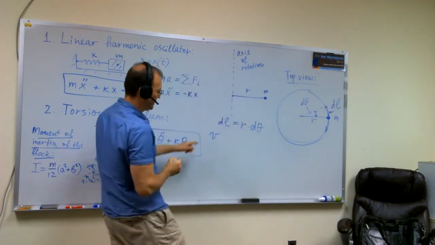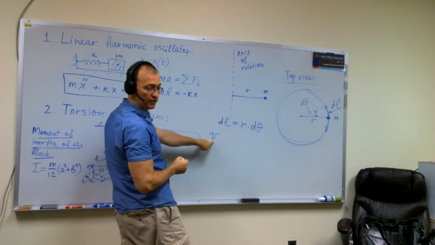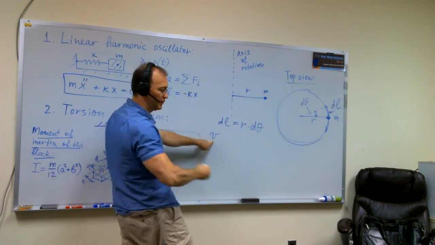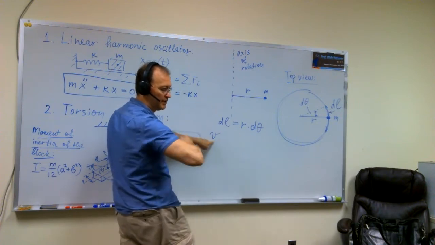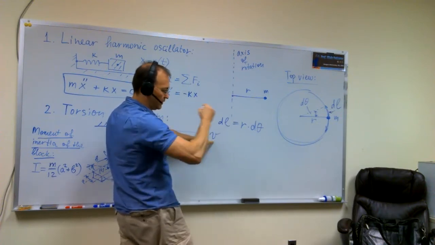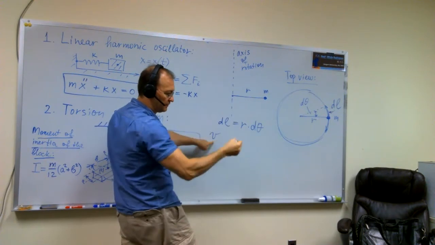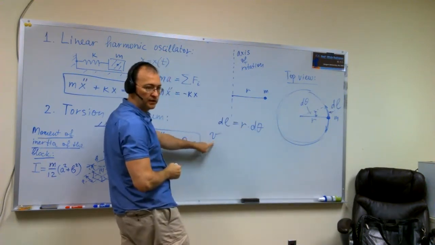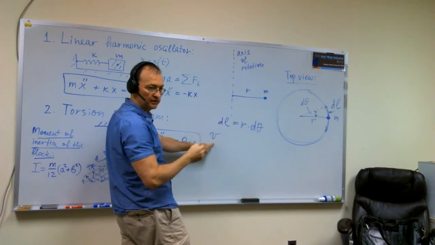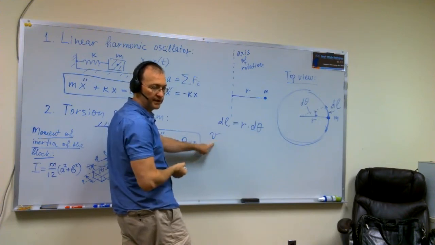So that velocity, which in our case, by the way, is not going to be constant, because we're not talking about rotation with a constant linear speed. We're talking about oscillations like this, back and forth, rotational oscillations. And therefore, this V itself is not a fixed value. It's going to be a function of time.